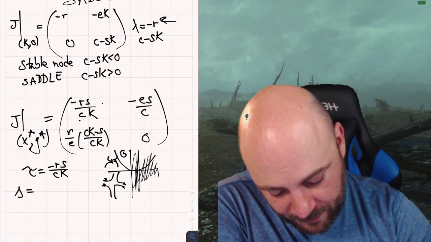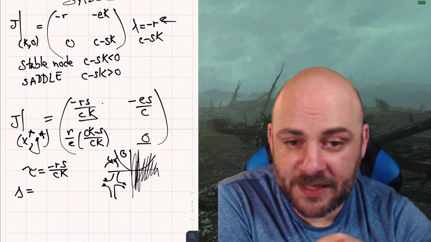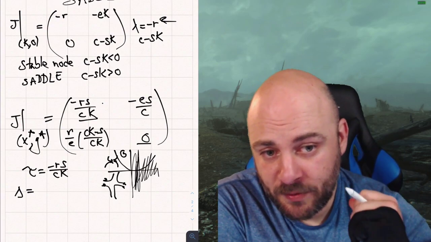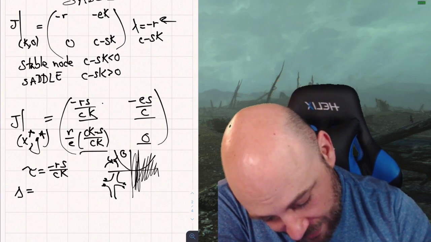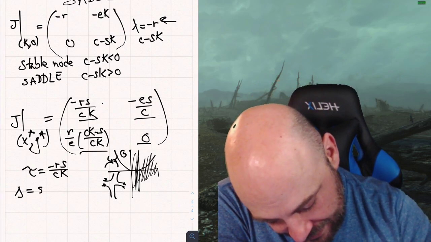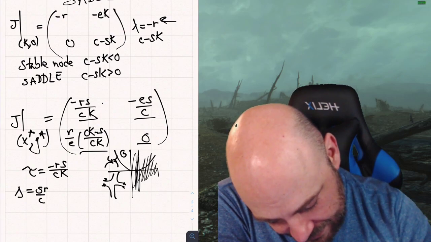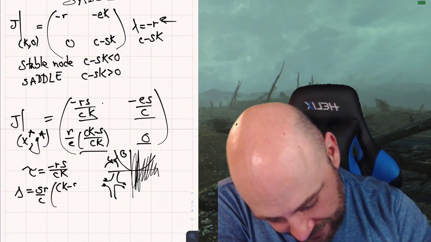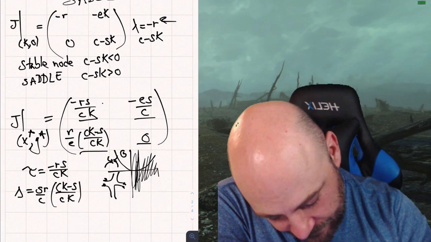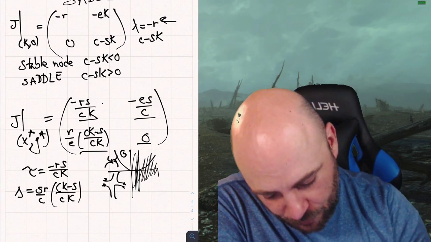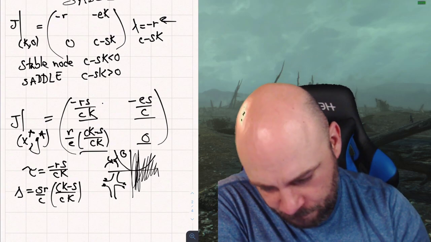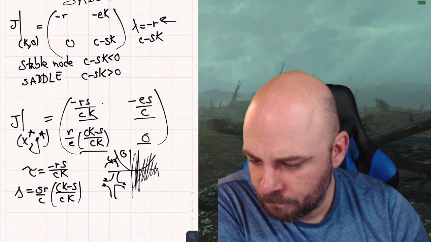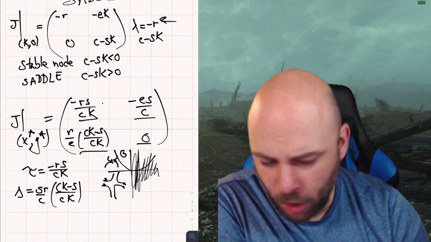All right, the product of my diagonal elements is a big fat 0. And so I'm going to subtract from that the product of my off-diagonal elements. And so I get SR over C times CK minus S over CK. And once again, in beautiful form, uh-oh.